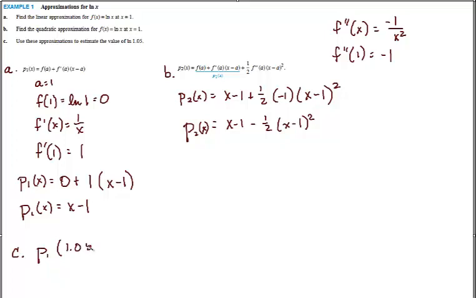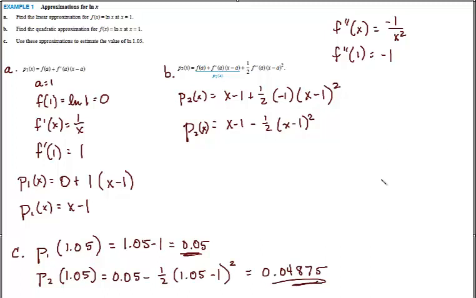Do some algebra. Right, not much to do, but my part C question wants me to do P1 of 1.05, and that's going to be 1.05 minus 1. And so for this one, I will get the value 0.05. For P2, I'm going to plug in 1.05, tell you what I get. All right, there's what we get. Pretty close.